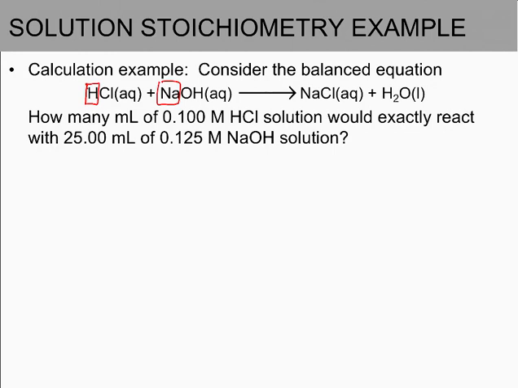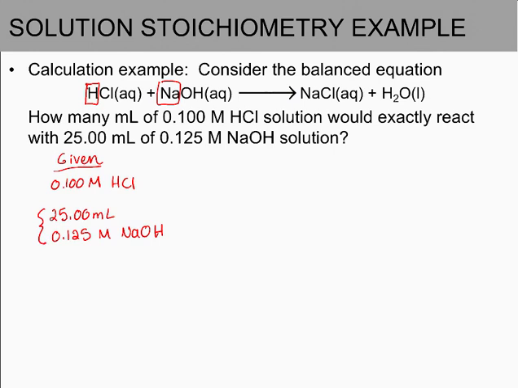Okay, so what we're given here: we're told that we have a 0.1 molar solution of hydrochloric acid, so we know the concentration. And then we're also told that we have 25 milliliters of a 0.125 molar solution of sodium hydroxide.